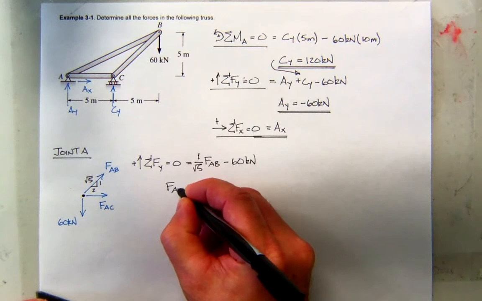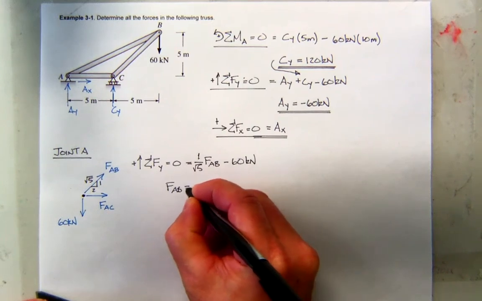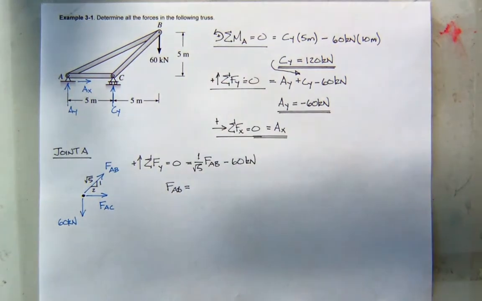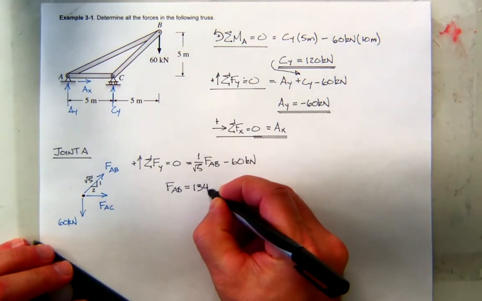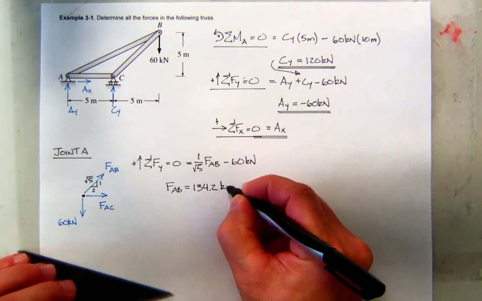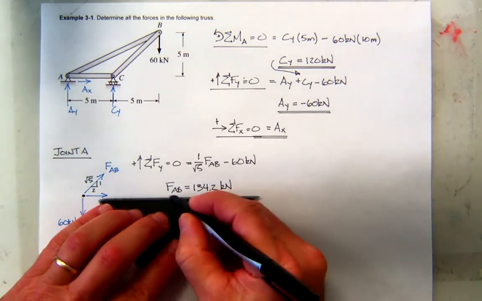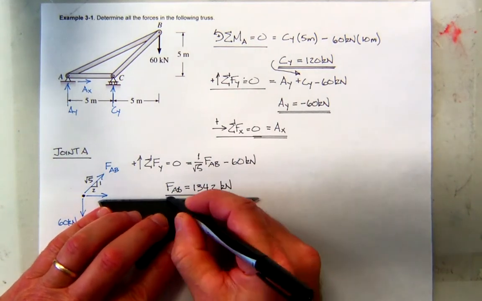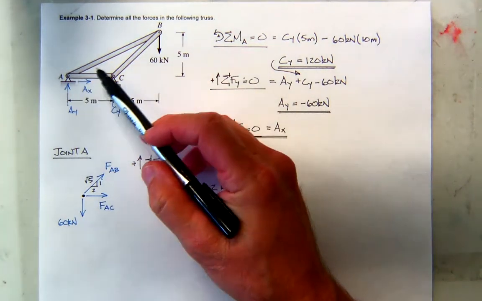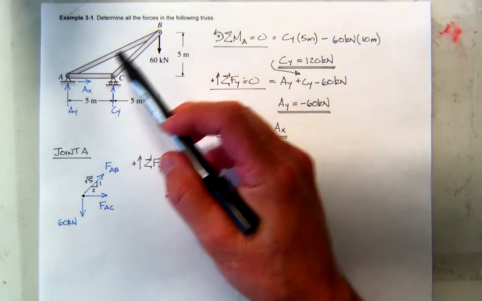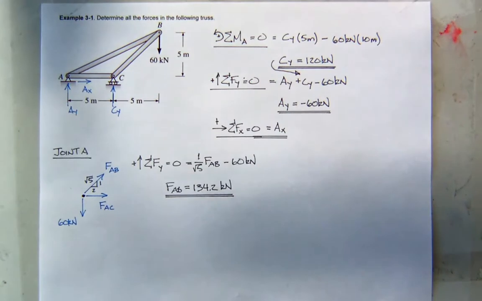It looks like it's positive, and whatever 60 times the square root of 5 is. 134.2 kilonewtons. It came out positive, so what does that mean? It's in tension. Does it make sense that AB is in tension? I think it does.